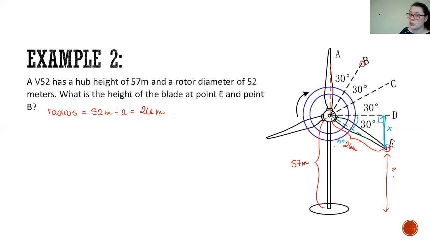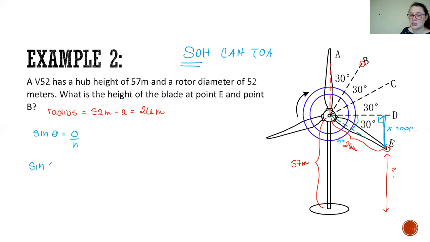We need a ratio that uses the hypotenuse, and x is the opposite side. Which ratio uses opposite and hypotenuse? Well, we need sine. So the sine of an angle is equal to opposite over hypotenuse, so we'll put in some information.